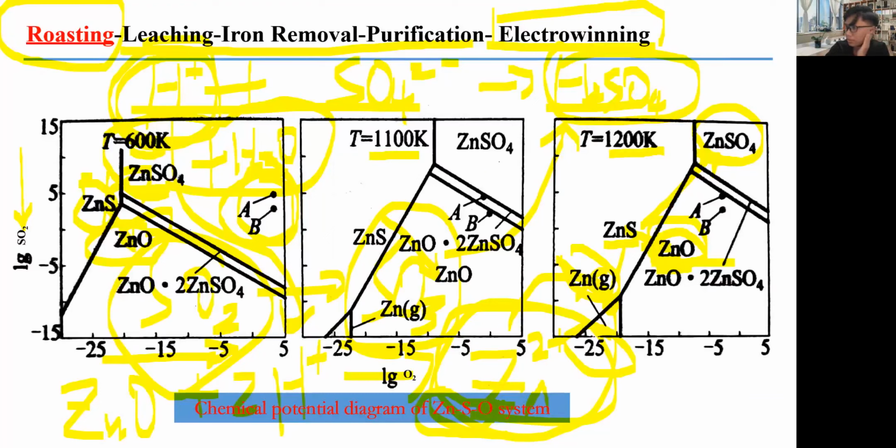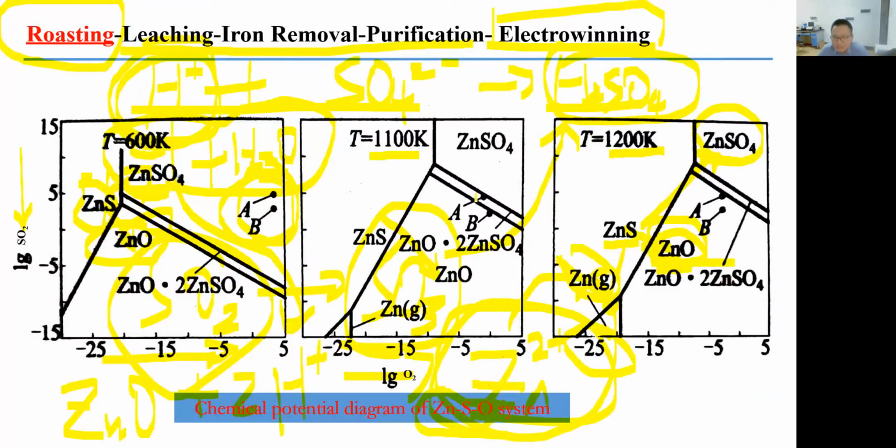Actually, you have raised a very good question. Usually, points A and B refer to the gas composition, about sulfur dioxide and the remaining oxygen in the gases.